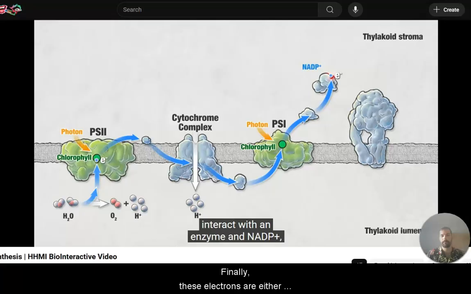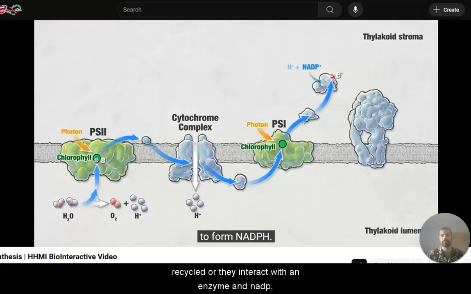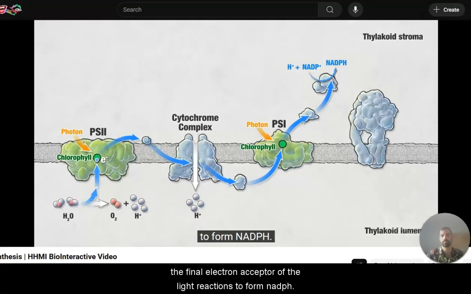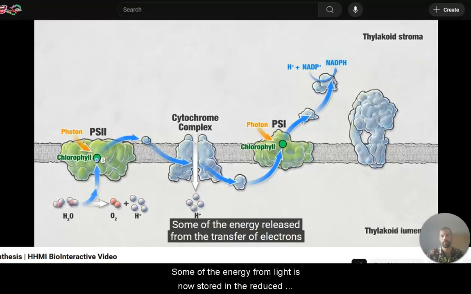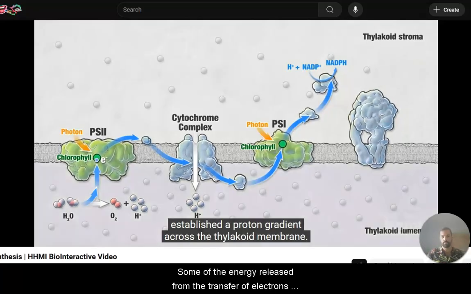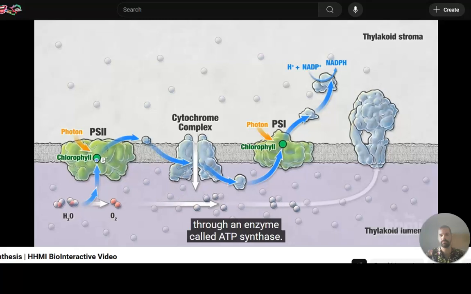Finally, these electrons are either recycled or they interact with an enzyme and NADP+, the final electron acceptor of the light reactions, to form NADPH. Some of the energy from light is now stored in the reduced molecule NADPH. Some of the energy released from the transfer of electrons established a proton gradient across the thylakoid membrane.